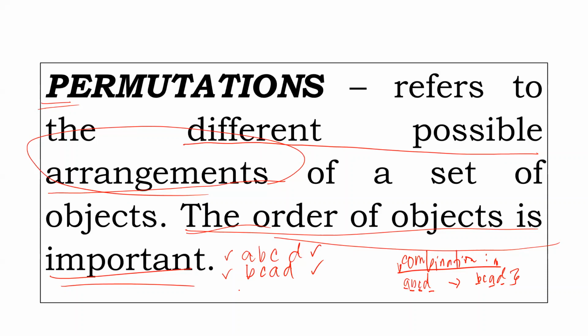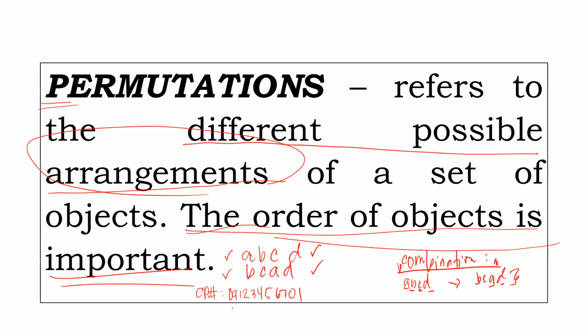Okay. Ano yung mga real-life example ng permutation? Halimbawa, CP number. Halimbawa, 0, 9, 1, 2, 3, 4, 5, 6, 7. Ilan na? 1, 2, 3, 4, 5, 6, 7, 8, 9, 10. Ganyan.